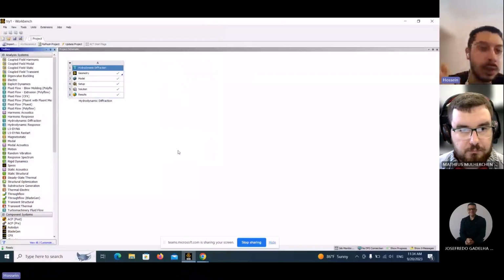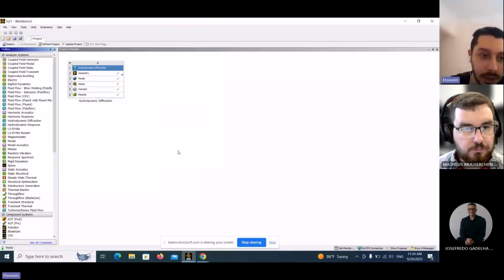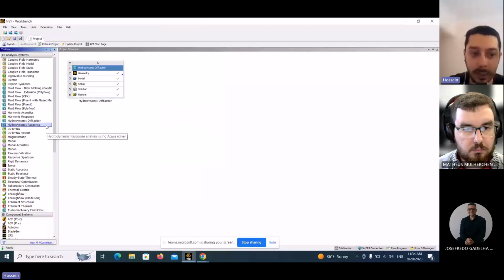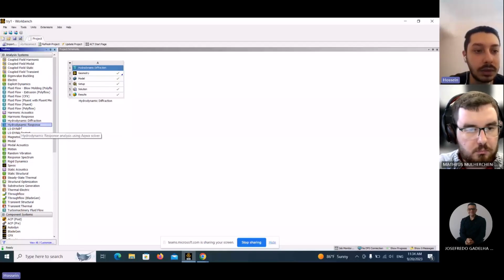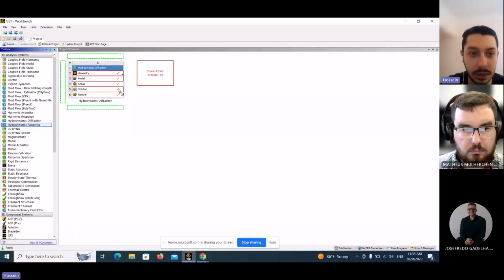Here we have the hydrodynamic diffraction analysis that we did last session, and now we add the hydrodynamic response, which is related to time domain analysis of marine structures. We click on it, hold it, and drag it onto the solution part.